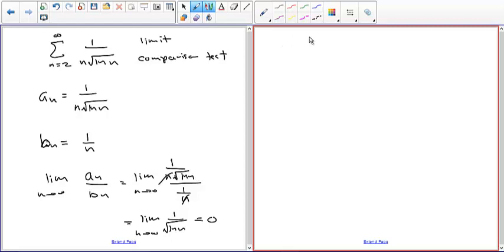Next one. Now, if the n wasn't there in the front, that would be a geometric series, and we'd be able to say that it converges. You might think it's going to be the direct comparison test if you just drop the n, except I think that only works if it diverges.